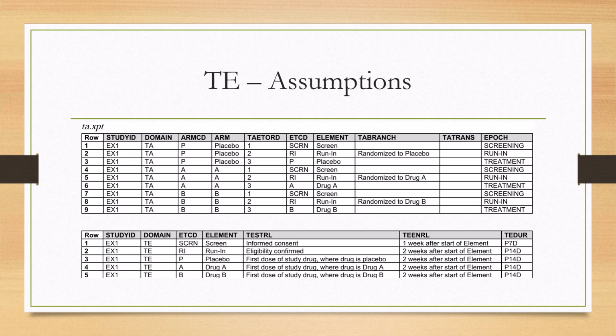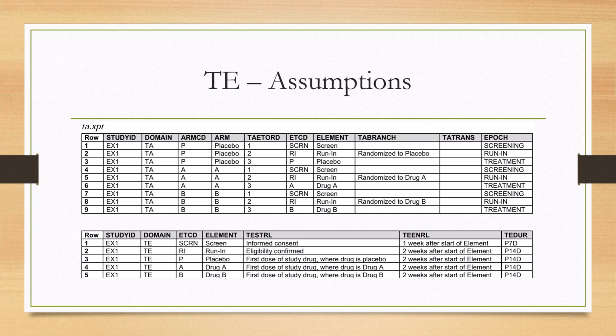That is, any subject who has signed the informed consent is in the screening period irrespective of the arm. The same is the case in the run-in period: when the subject has been confirmed to have passed all the eligibility criteria, irrespective of the arm, they will move to the next element of their particular assigned arm.